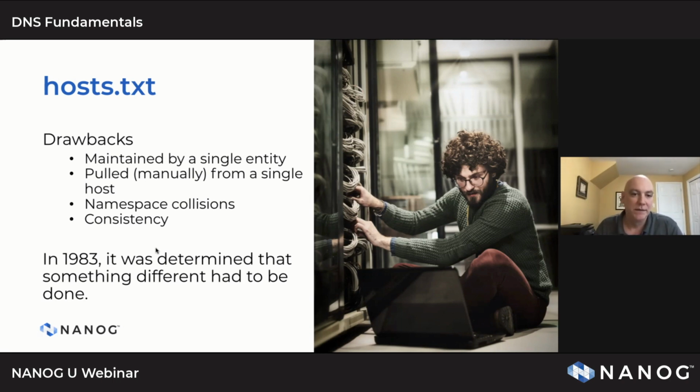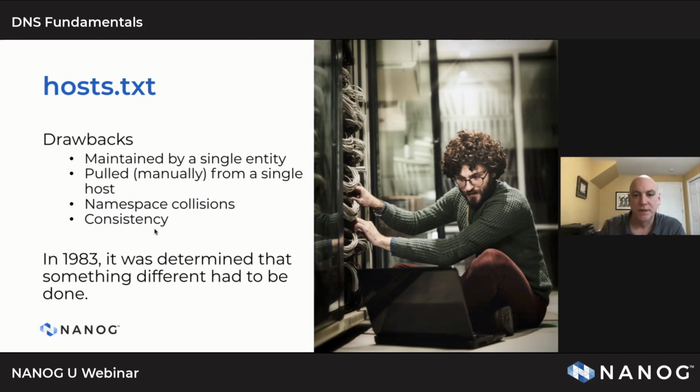The other thing is, we had a single entity maintaining these entries. Often people there would want to take a vacation or whatnot, so this becomes a problem. And then as the network grew, there started to be namespace collisions. Some people wanted the same names. So this is a problem.